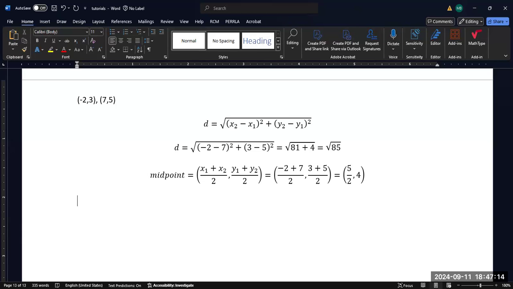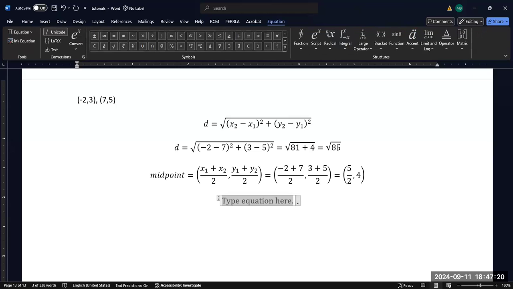Now, if in fact these were the endpoints of a diameter, I could go ahead and use this information. My center would be 5/2 would be h, and 4 would be k, and my radius would be the square root of 85 over 2.